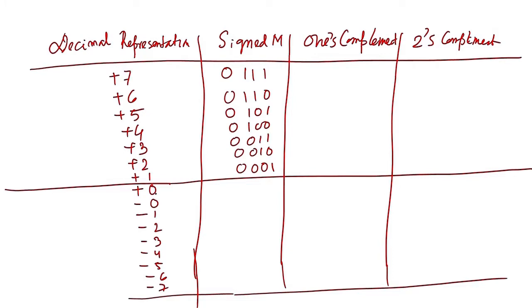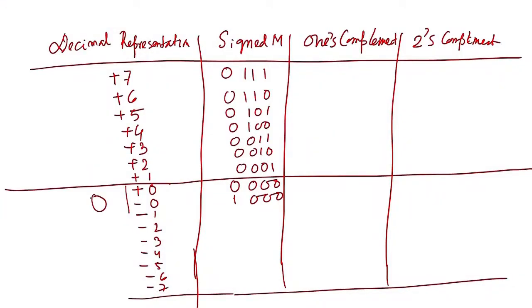Now, +0 is 0 0 0 0 in sign magnitude, -0 is 1 0 0 0. As you know, there is nothing called +0 or -0, but you can have two representations for 0. This is all about 0, but you have two representations for 0. Now, for -1 you have to give the sign bit 1 and then the value.